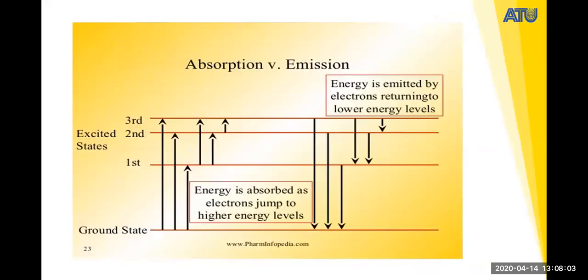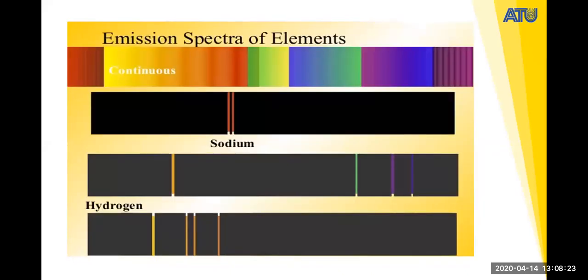In the ground state, the energy is absorbed as electrons jump to higher energy levels. In the excited state, the energy is emitted by electrons returning to lower energy levels. Emission spectra of elements.